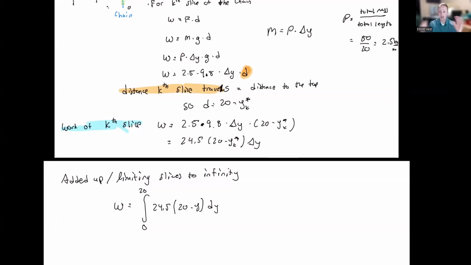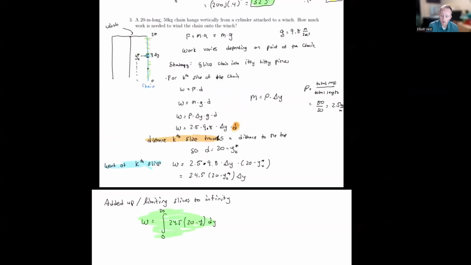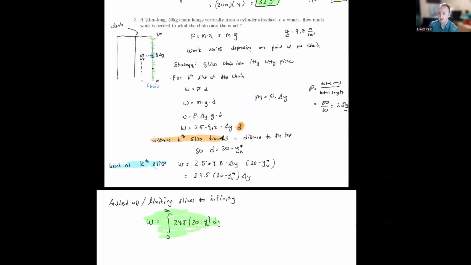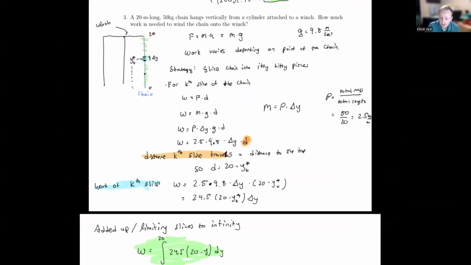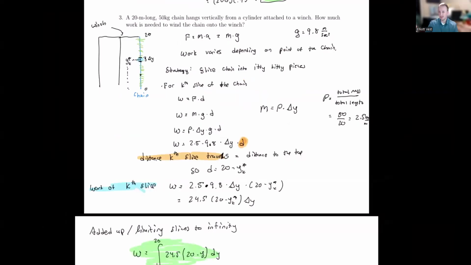So we have set it up, right? I'm maybe even going to put this in green, because to me, this answer is more important. We did all of this work to set up to get to this answer here. And notice it took a lot of combining of formulas together. We started with F equals ma. We knew we had to look at each slice individually.